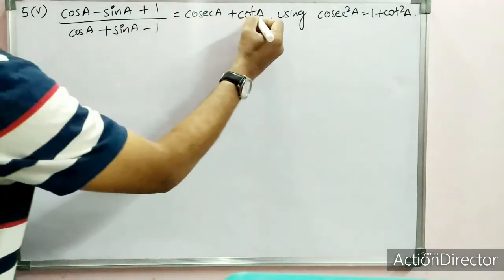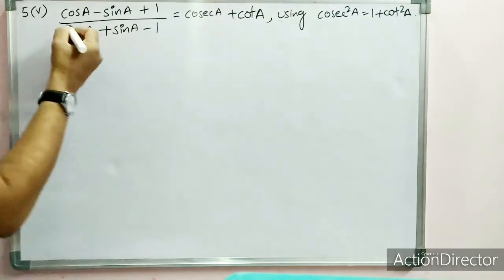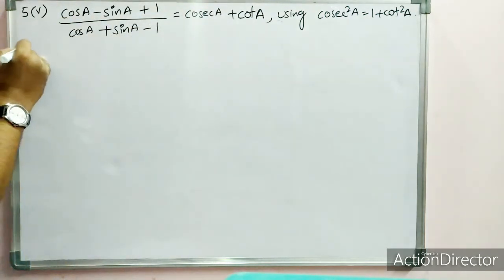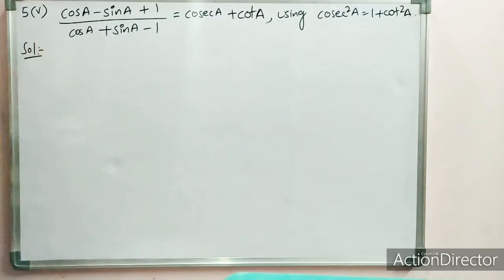Now the fifth identity, it is an important identity. This value is equal to cosecant A plus cot A. So it is a lengthy and tricky question.